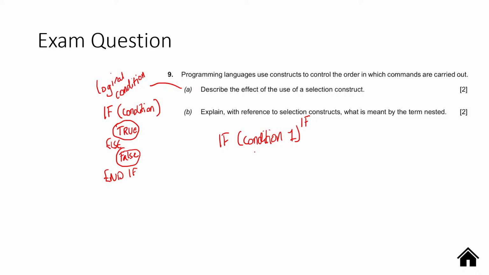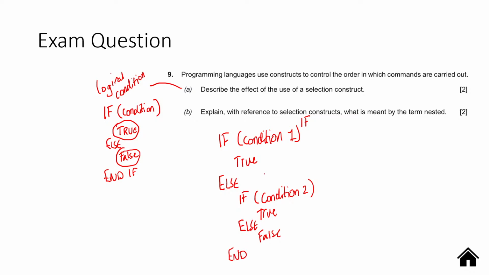If condition 1 is true, carry out true part, else, carry out the false part, and have another if in there that carries out another condition. And again, I could have an else, true and false, and end if.